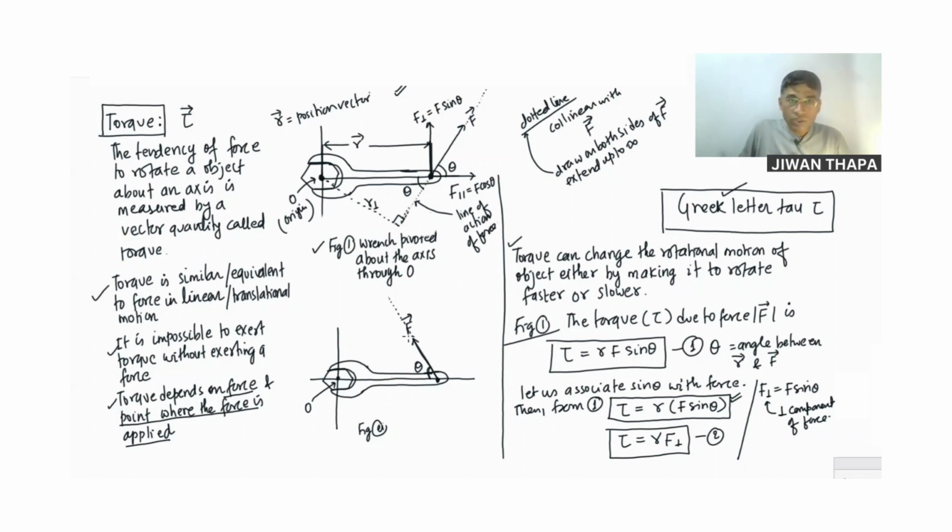Now what we do, we resolve this force into two components. One, F parallel, which is F cos theta. Next, F perpendicular, the perpendicular component of the force, which is F sine theta.